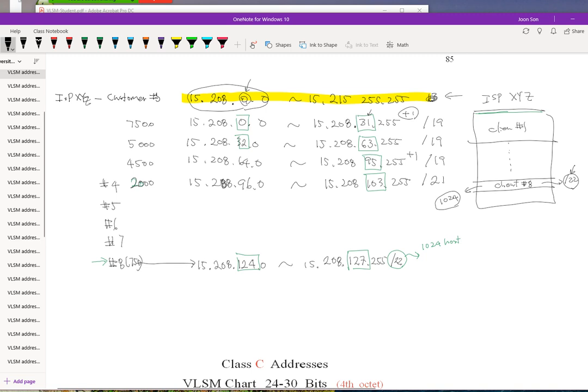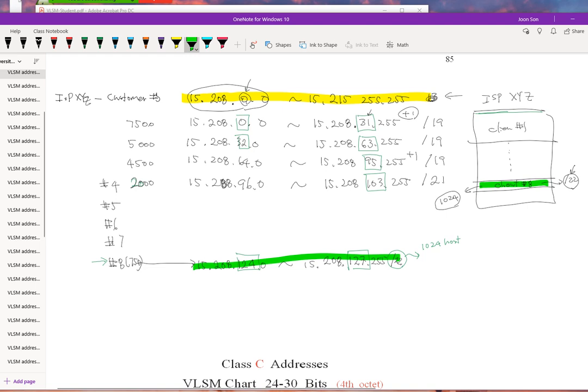Okay, in problem number 3, we are going to divide this network. So I'm going to use a different color this time. We are going to apply class C VLSM to divide this network into many different pieces.